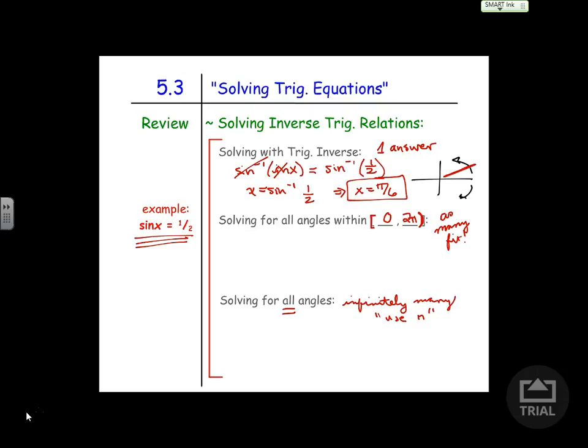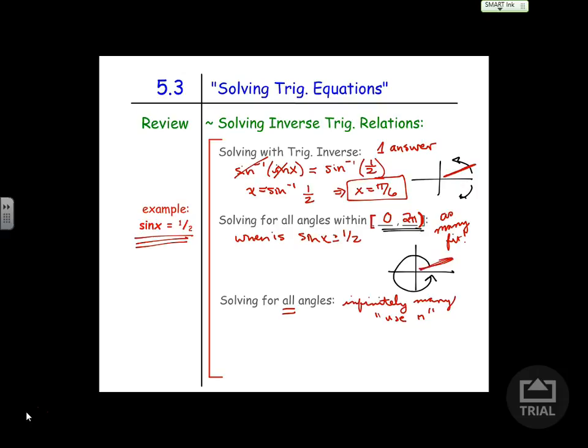Now, in the next one, when it says solve for all angles within, what changes is they tell us, no, don't worry about sine inverse restrictions. Look here. And we say, where? Okay, look all the way around in 0 to 2 pi. So we think about the same thing of sine inverse of 1/2 as we saw up above. But our question is, when is sine equal to 1/2 if we go around the unit circle from 0 to 2 pi?